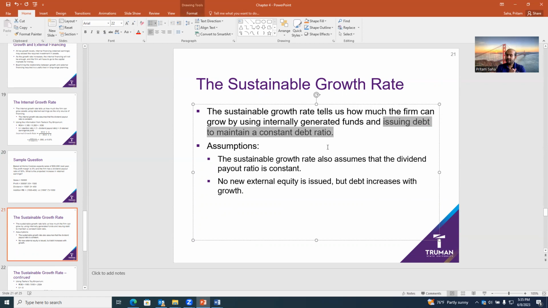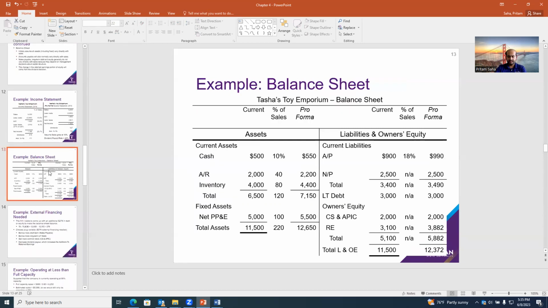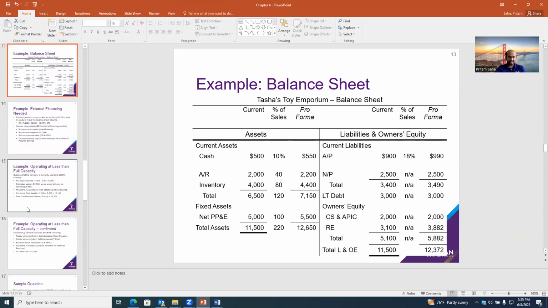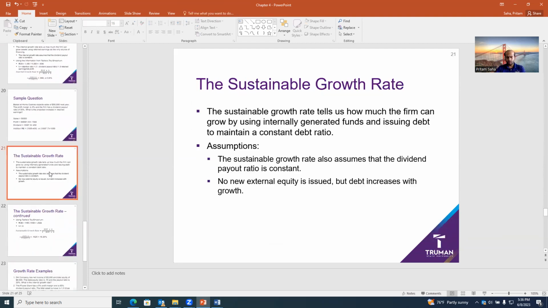If you keep the internally generated cash flows, your equity will go up, right? So the debt equity ratio will adjust accordingly. So the idea is you keep the retained earnings and issue debt proportionally so that the debt equity ratio does not change. Using debt and internally generated cash flow, how much growth you can achieve, that is the sustainable growth rate.